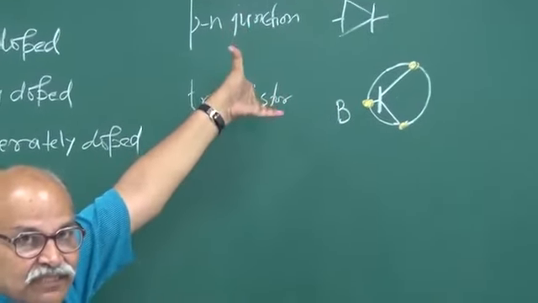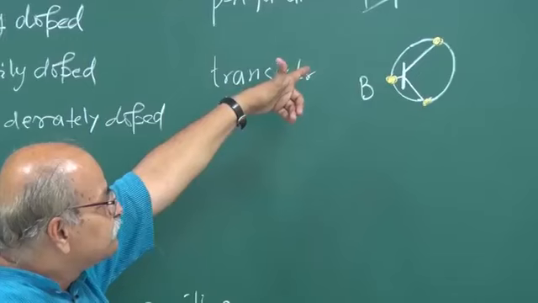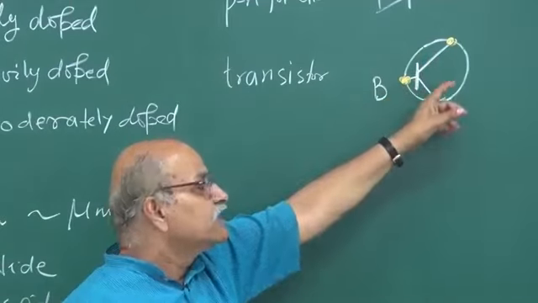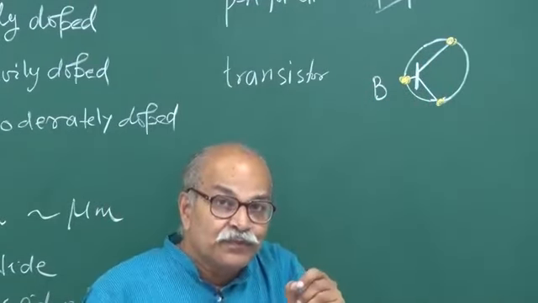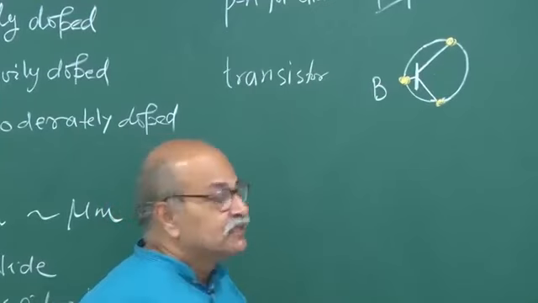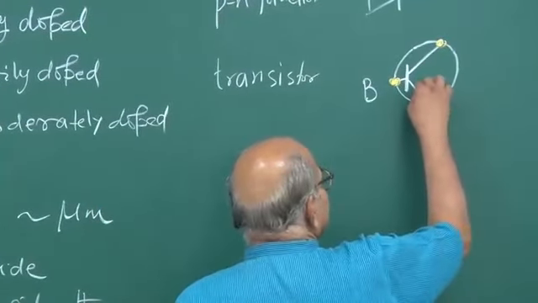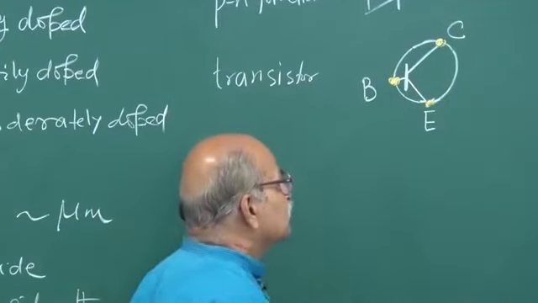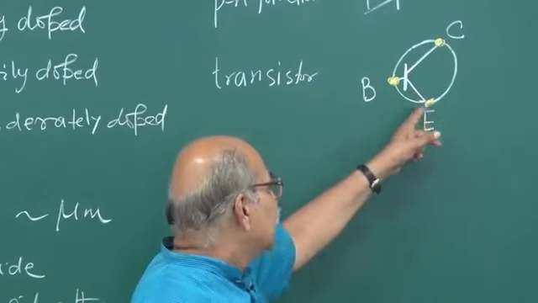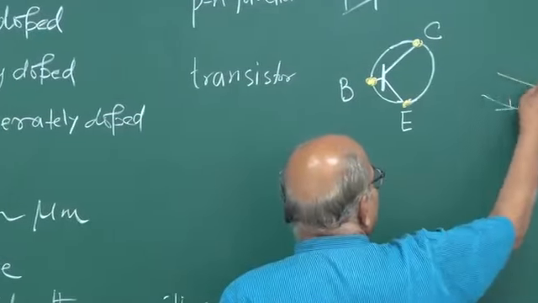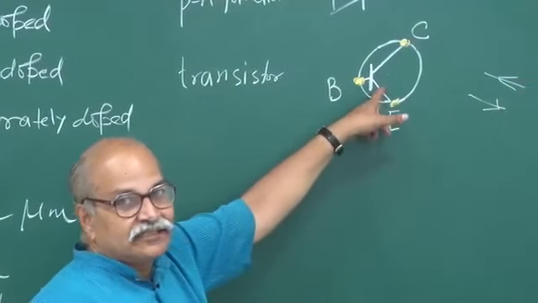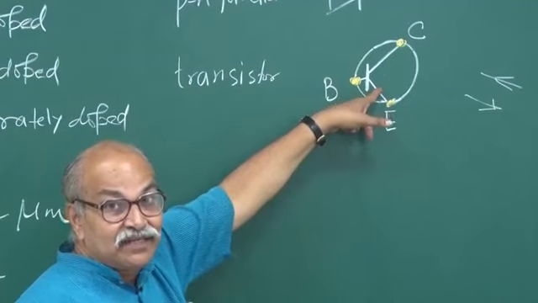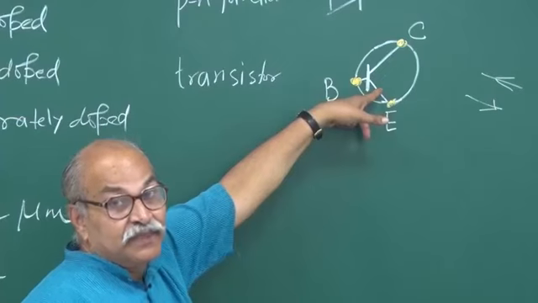And how do we distinguish which is emitter and which is collector? In the symbol, we distinguish them by putting an arrow on the line corresponding to the emitter. So if I put the arrow here, that means this is the emitter and this is the collector. Arrows can be put in two ways, and that decides whether it is a symbol for an NPN transistor or a PNP transistor.